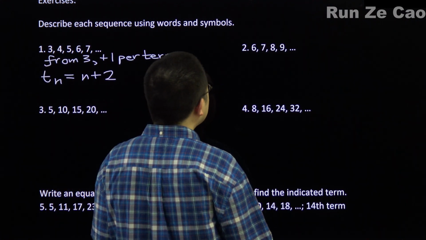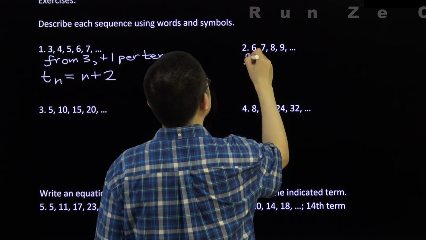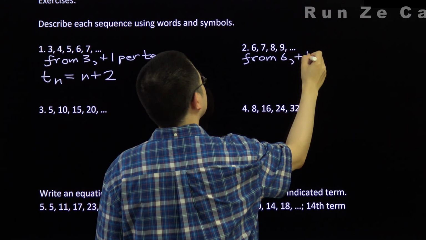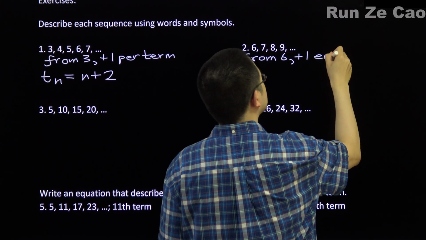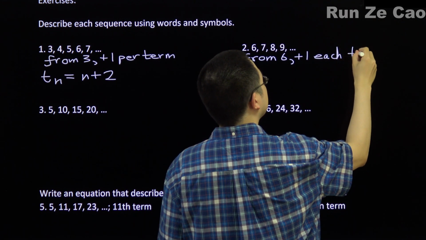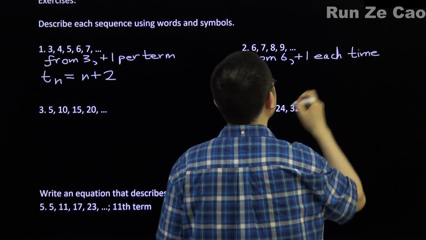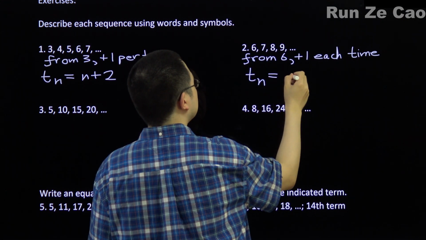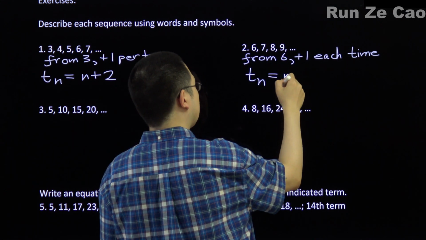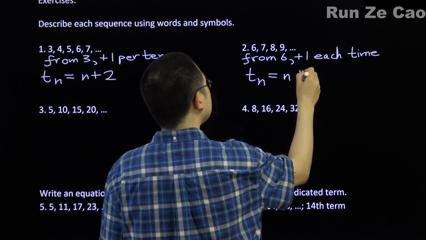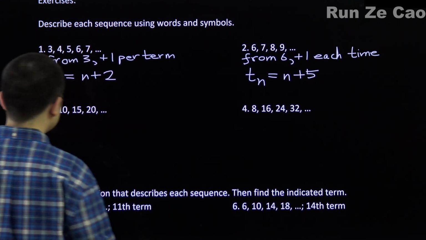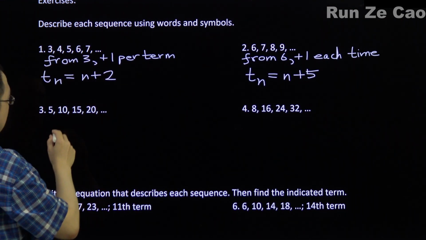6, 7, 8, 9. From 6 plus 1 each time. And the general formula is term n is equal to n, well, 1n, but same thing, plus 5. This here is counting by 5.